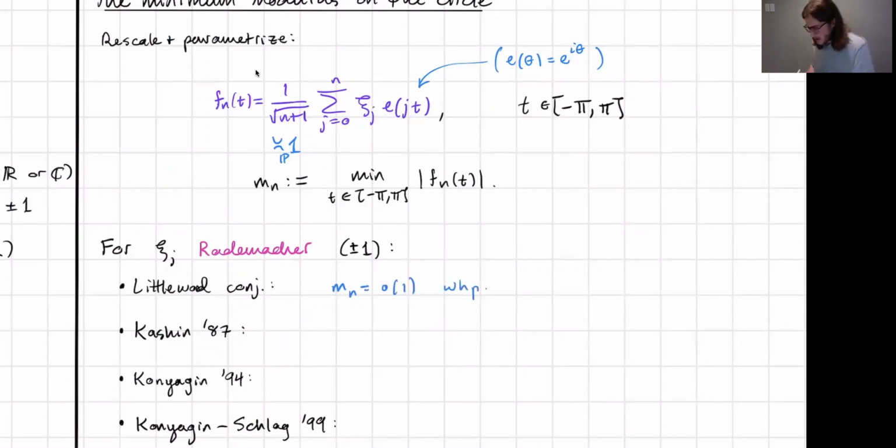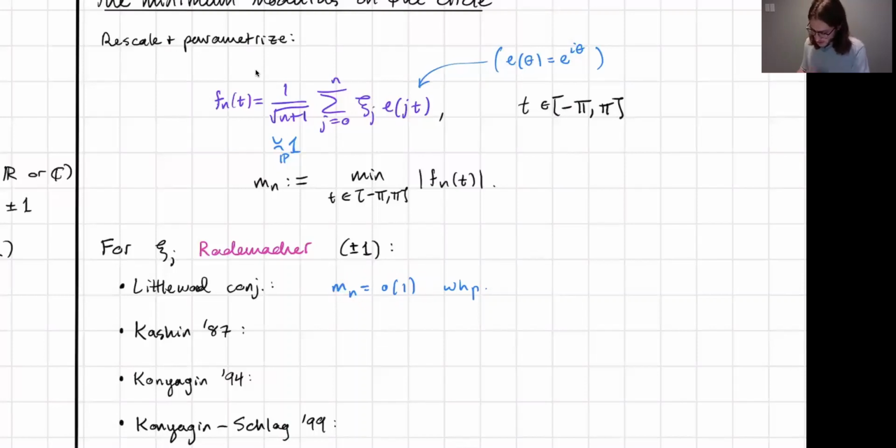If they're Gaussian, you have this random process on the interval minus pi to pi, indexed by t. It's order 1. But as we'll see, it's a pretty choppy function, so you might imagine it decouples pretty quickly, so that you get a whole lot of independent tries to be very small. So I think it's certainly believable that the global minimum would be going to 0.